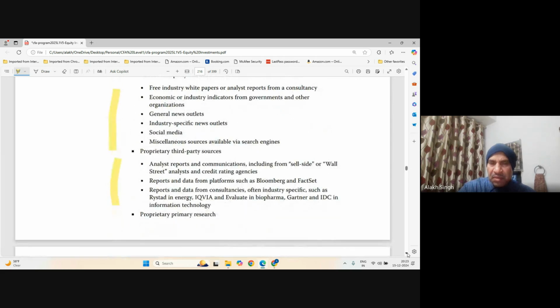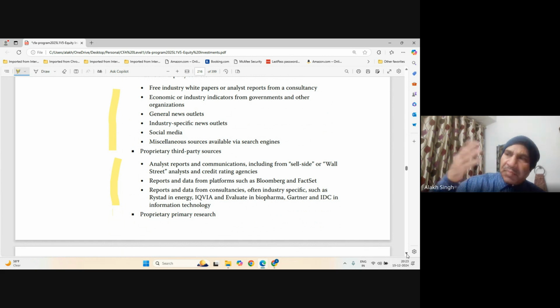They have the information, but they are private, because it is their analysts who prepare the information as per your need or as per their need, which they can sell. Obviously, they will give their own comments also. Then proprietary primary research. Primary research is normally done by you, but your friends can also do it.